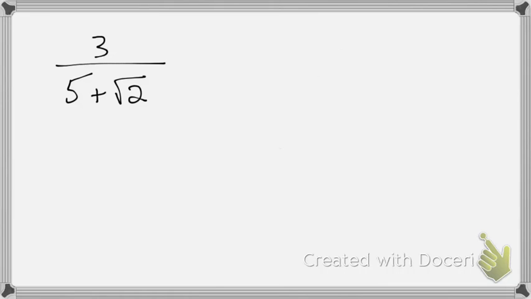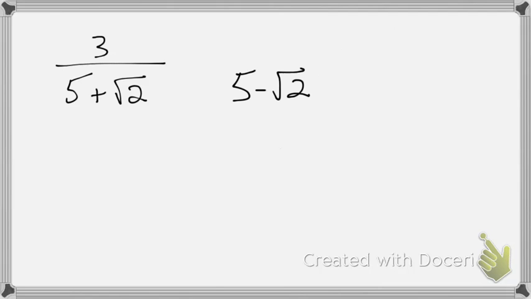The conjugate of 5 plus the square root of 2 is 5 minus the square root of 2. Okay? So that's the conjugate of 5 plus the square root of 2. 5 minus the square root of 2 is the conjugate of that original number.